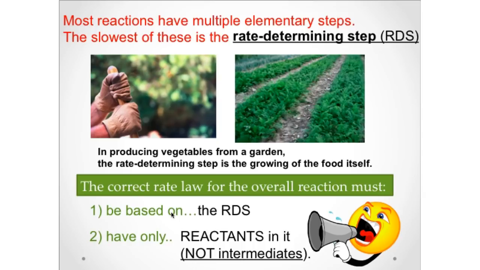But you also have to consider that you can't have intermediates in the rate law, and it has to be part of the reactants in the overall reaction. Let me repeat that one more time. It has to have the reactants found in the overall reaction, and it is based on the rate determining step, which I'll introduce in a bit.